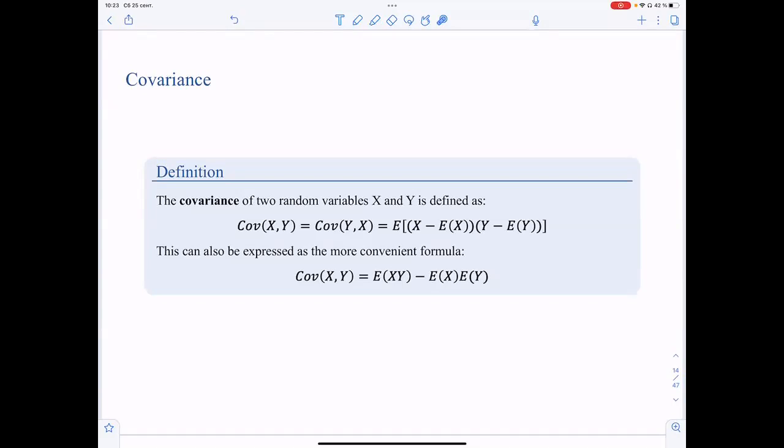Look, we know that random variable x has its expectation. We know that y has its own expectation, and the more they deviate from their own expectations, the more it increases the number of simultaneous deviations.